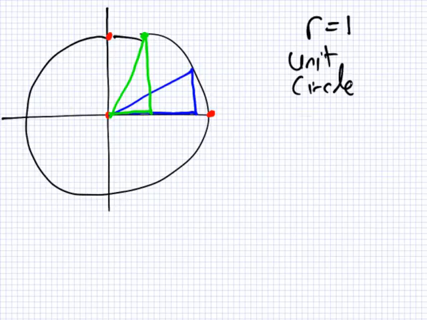Okay. So what I'm going to do now is call the green angle, it's quite hard to see, but this green angle here, I'm going to call that A. And then this blue angle here, I'm going to call B. So, what would be in red if I was to make another triangle here?